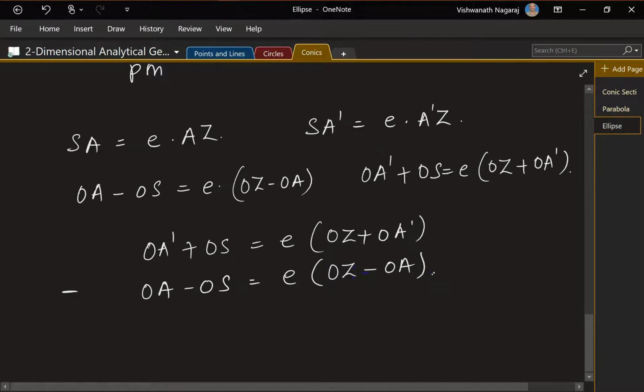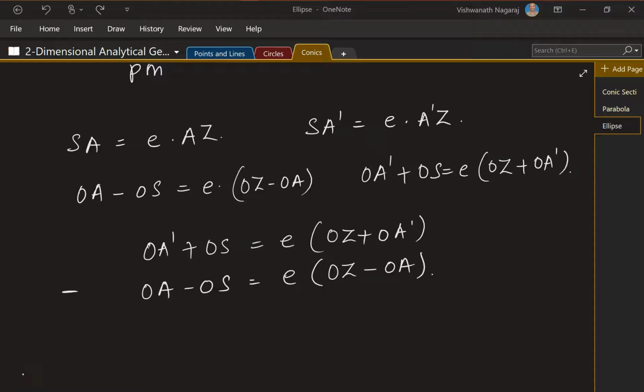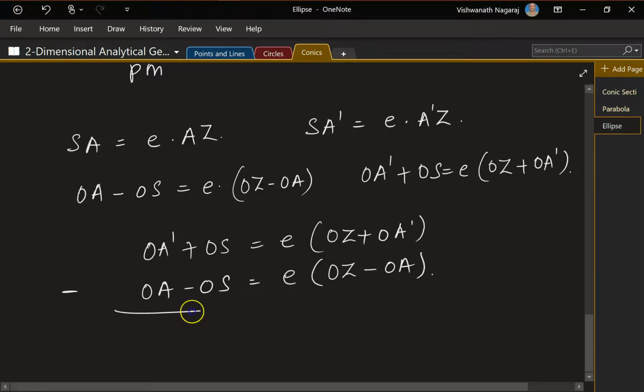Now why are we doing subtraction? Because we want the OS. So we have to make the OA dash and OA disappear. And remember, OA is equal to OA prime.